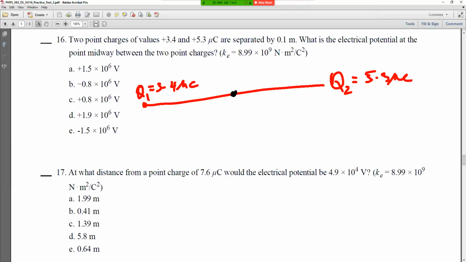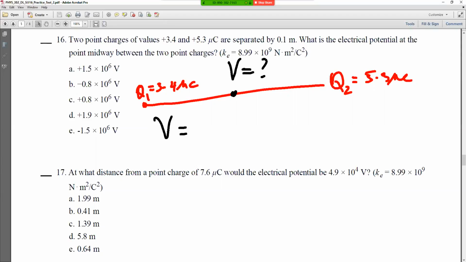Which symbol did I use for electrical potential? Armina, what symbol did you use for electric potential? Electric potential you use E, right?